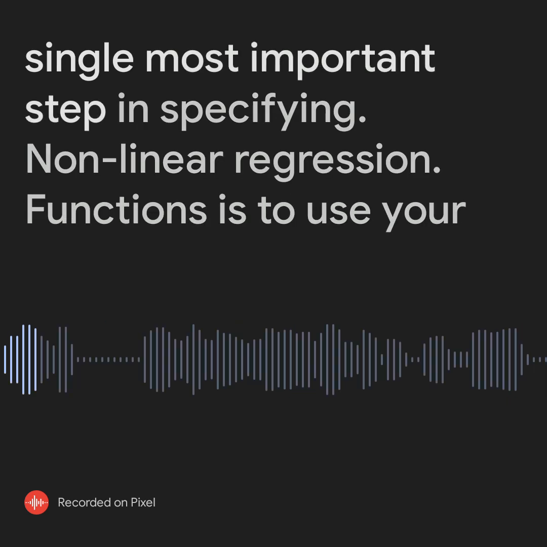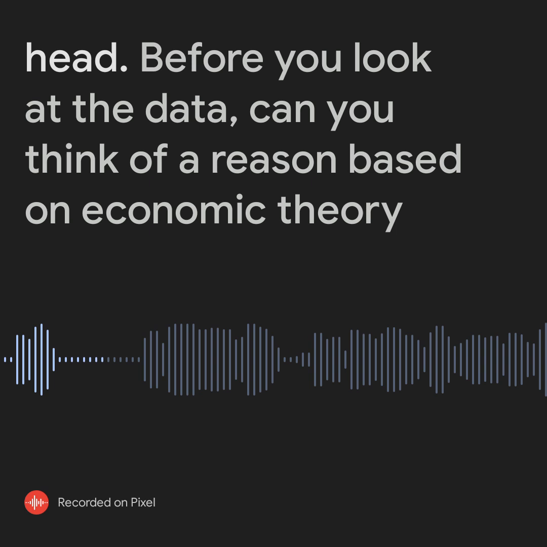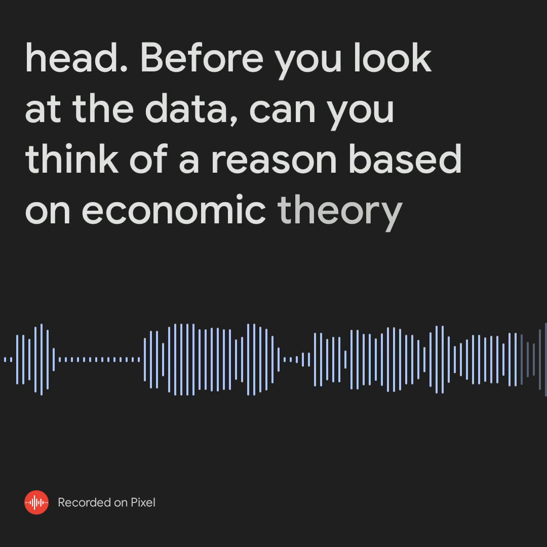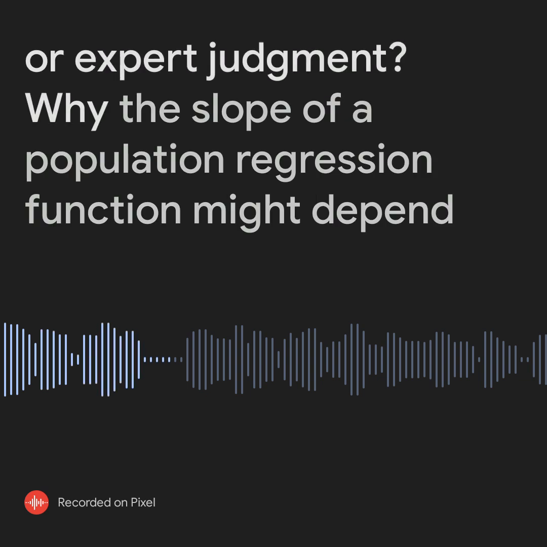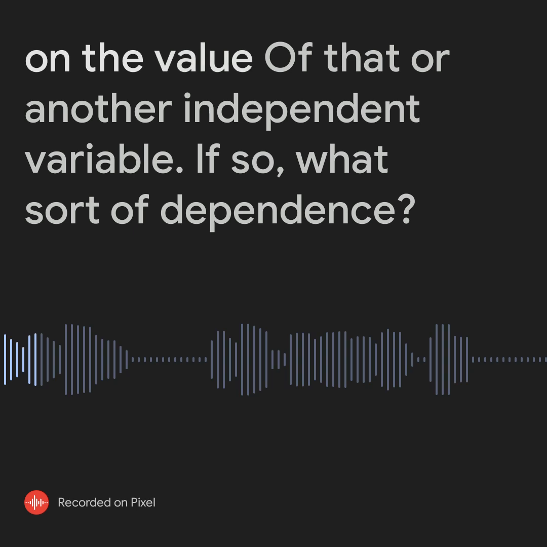The single most important step in specifying nonlinear regression functions is to use your head. Before you look at the data, can you think of a reason based on economic theory or expert judgment why the slope of a population regression function might depend on the value of that or another independent variable?